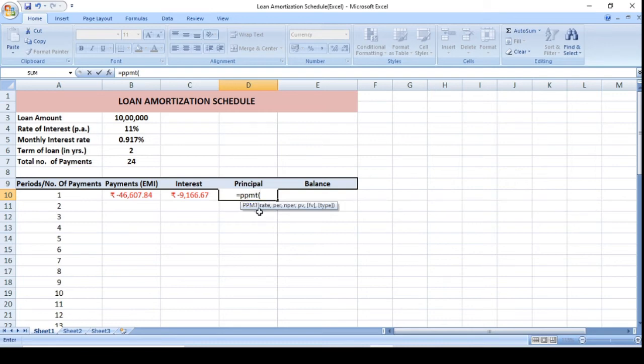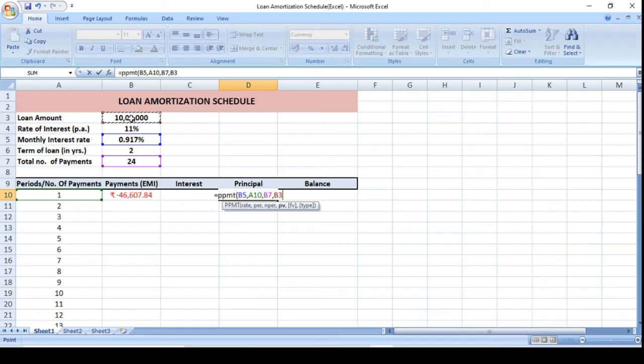Now this function requires the same information that we require in the calculation of interest: the rate per period. So rate per period is 0.917%. The period for which we are interested to calculate this, so I am calculating this for the first period, comma, the total number of payments, again the future value and the present value.